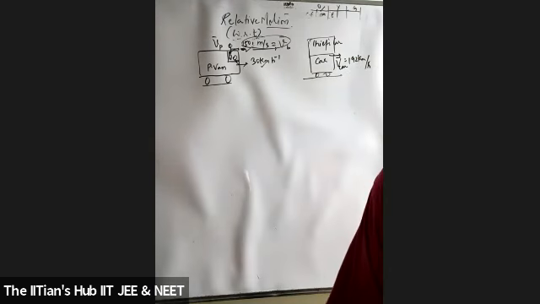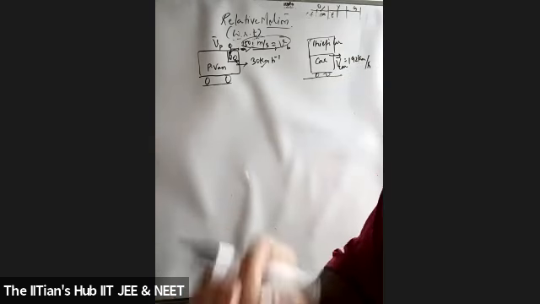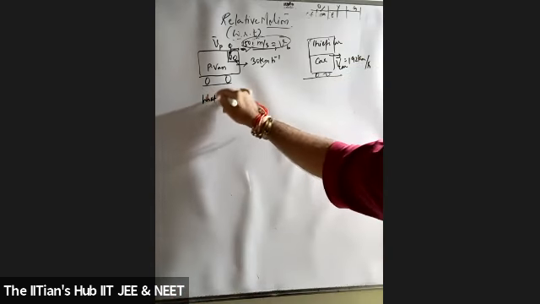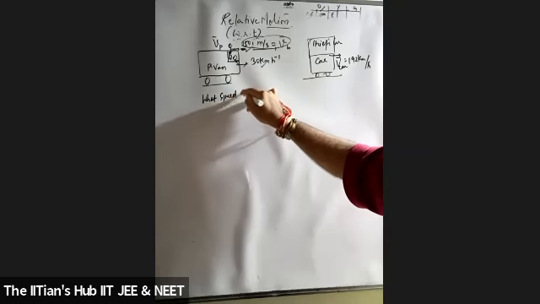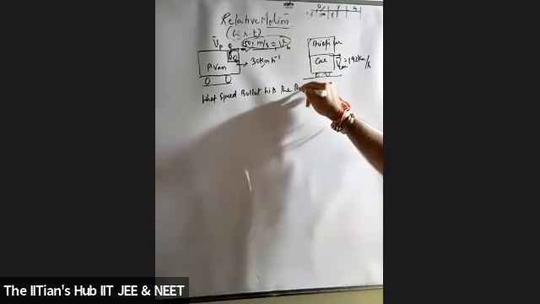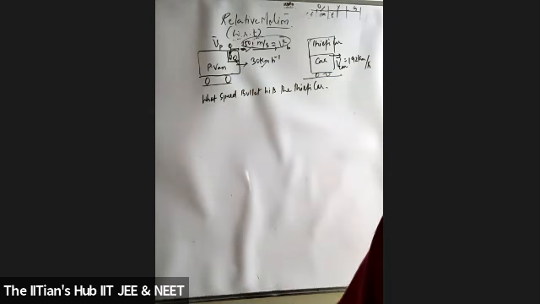The question asked is, with what speed does the bullet hit the thief's car? Have you understood the question, students?